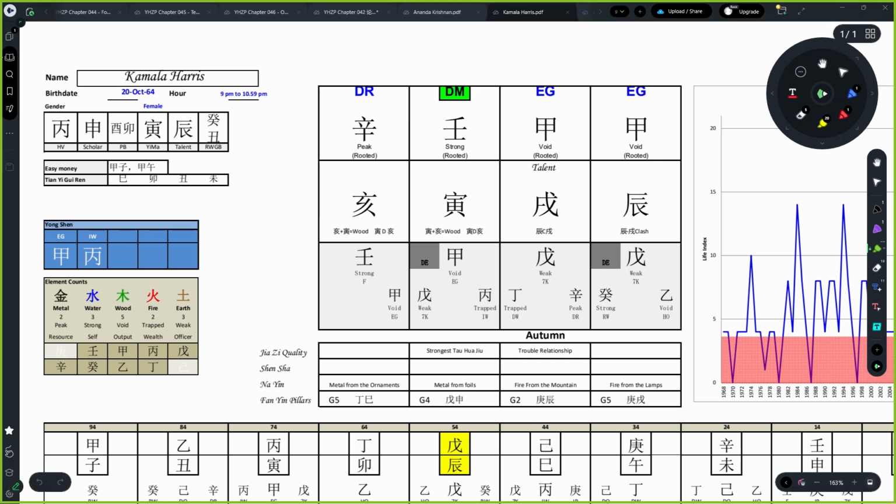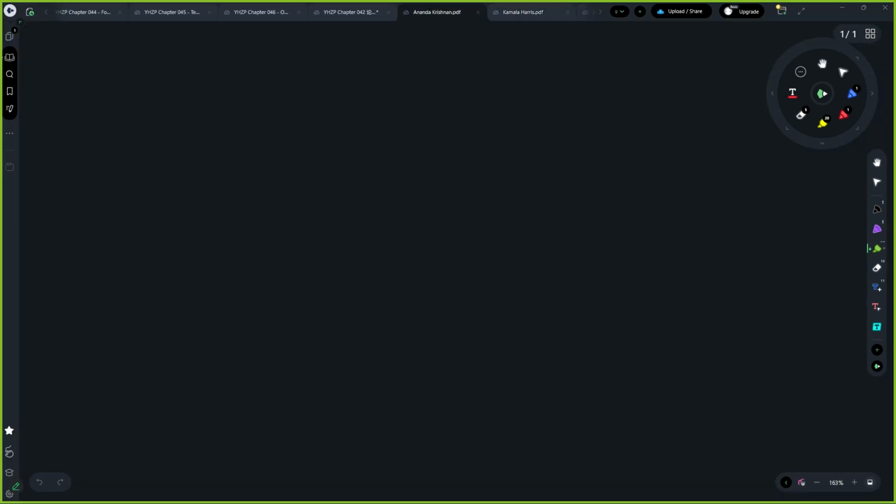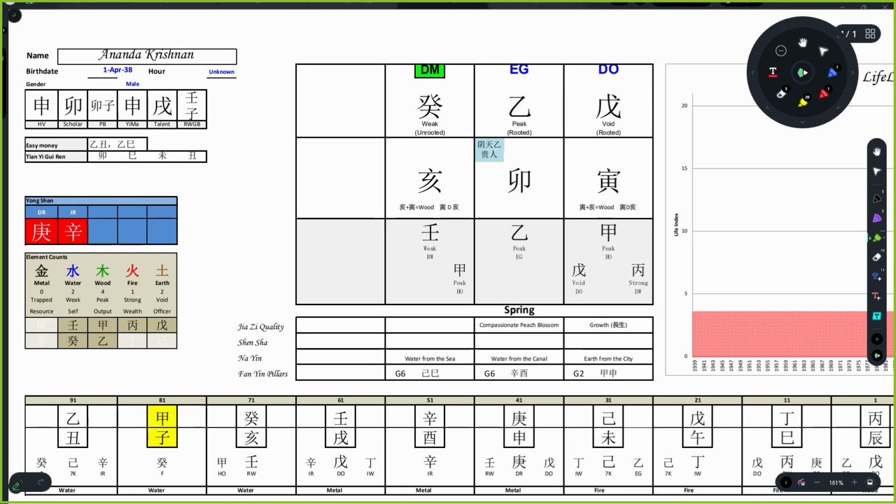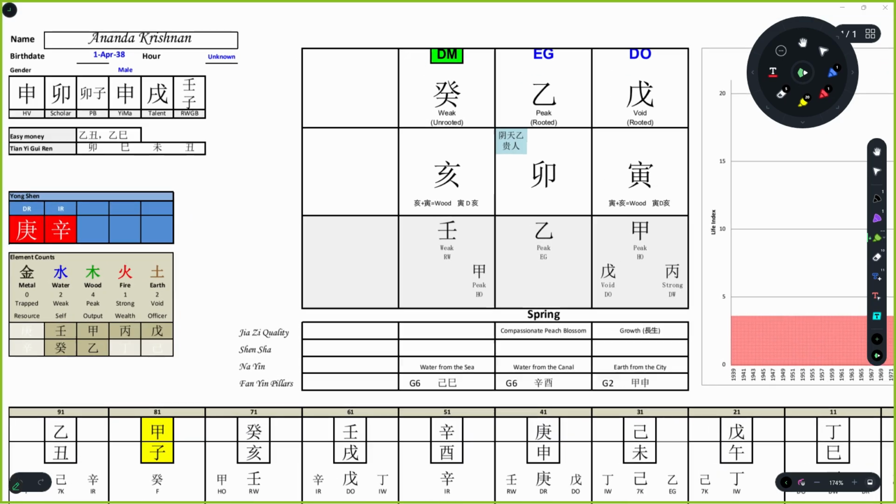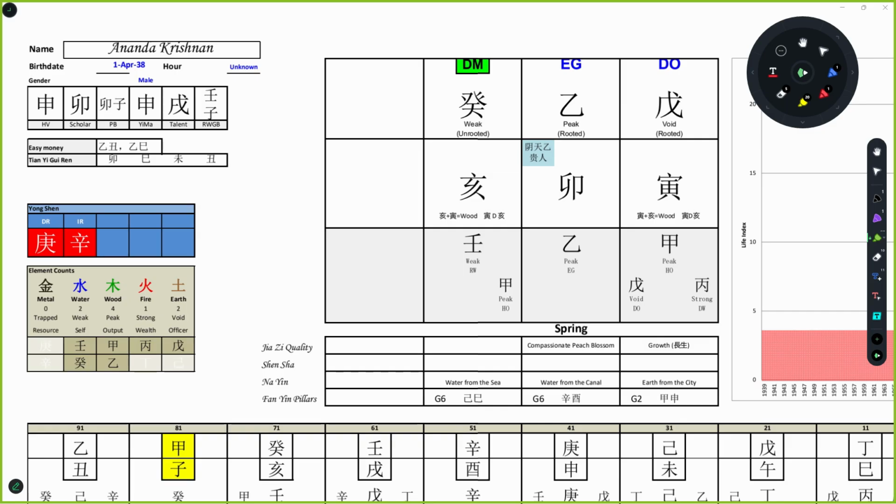Can we take a look into another person? We have recently passed on, a tribute to him a bit, Ananda Krishnan. Ananda Krishnan here was one of the top 10 wealthiest persons in Malaysia, and a multi-billionaire with a tremendous amount of projects. And so Ananda Krishnan's day master is the water pig, Gui Hai.